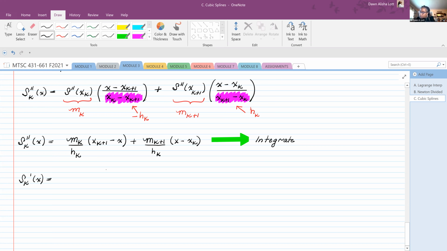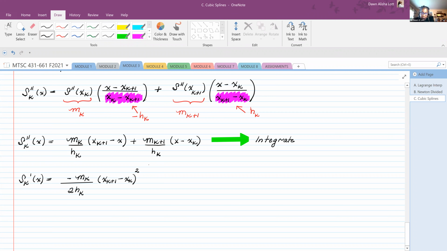Now when I integrate this, I'm going to get (x_{k+1} minus x) squared over 2h_k, and then I have to deal with the negative, so that gives me minus M_k.